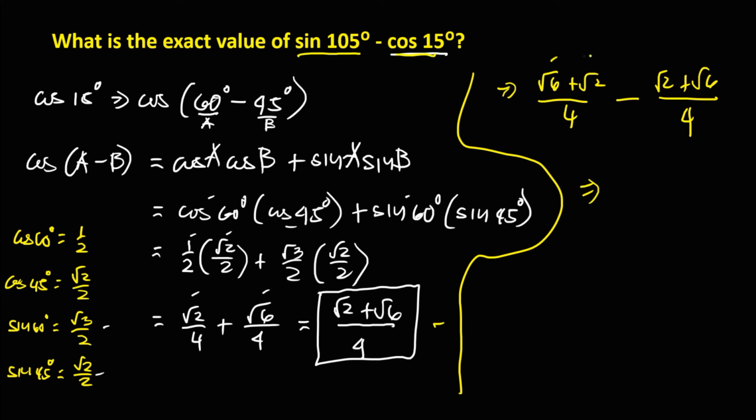Since square root of 6 plus square root of 2 is equal to square root of 2 plus square root of 6, therefore, subtracting the same number, the answer is 0. So the exact value for sine 105 degrees minus cosine 15 degrees is 0.